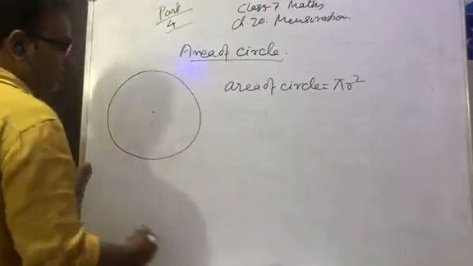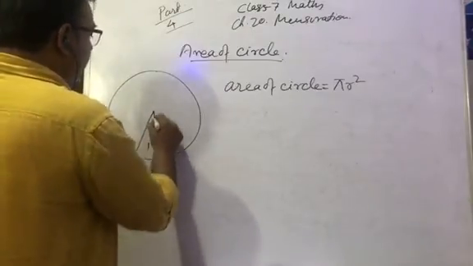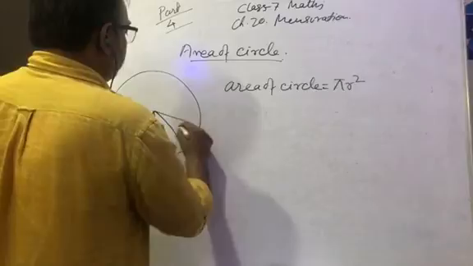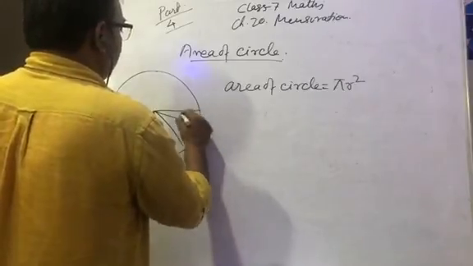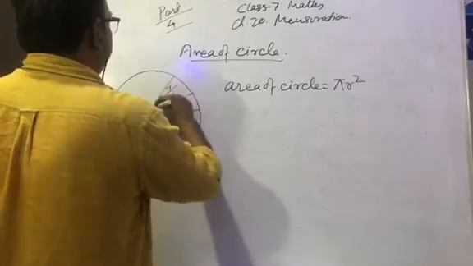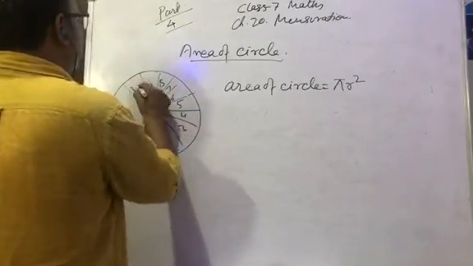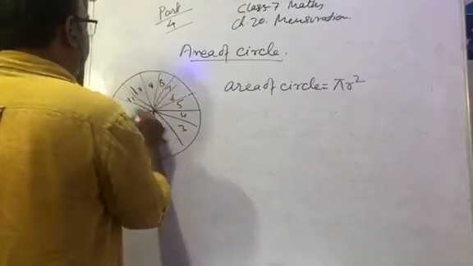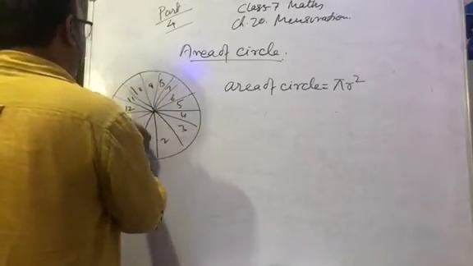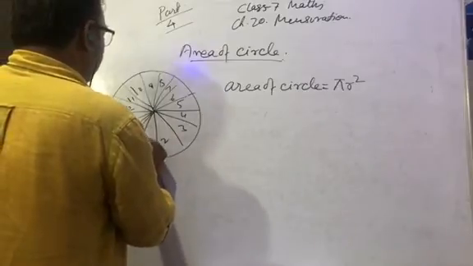According to the book, you can fold 1, 2, 3, 4, 5, 6, 7 and 8. Same like this, 9, 10, 11, 12, 13, 14, 15 and 16.